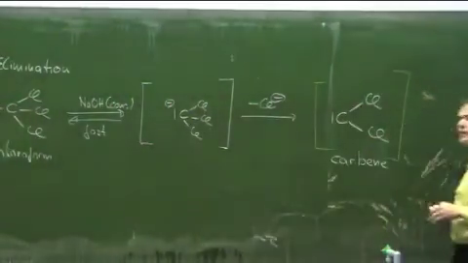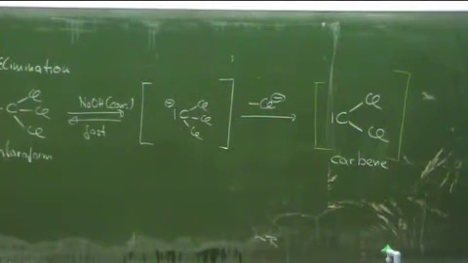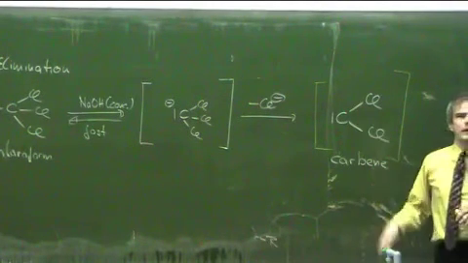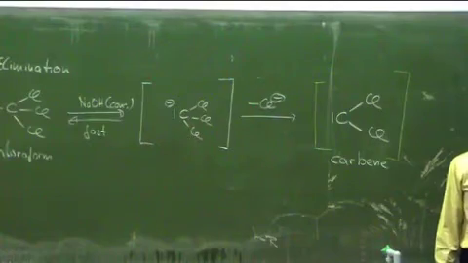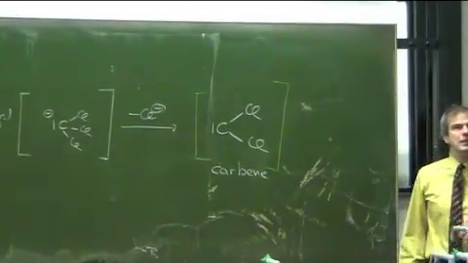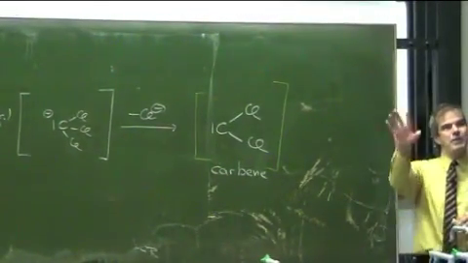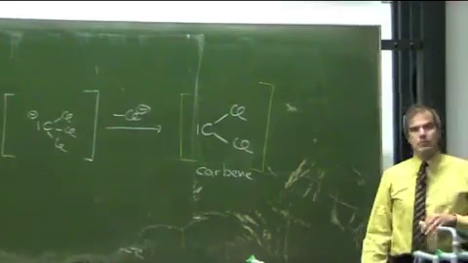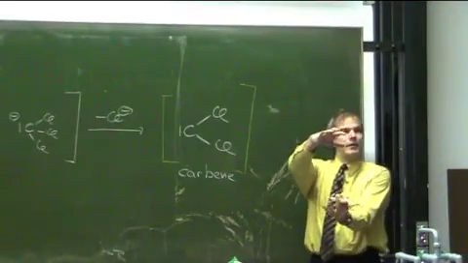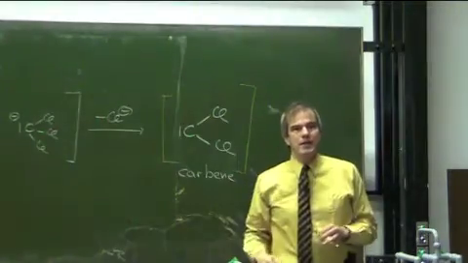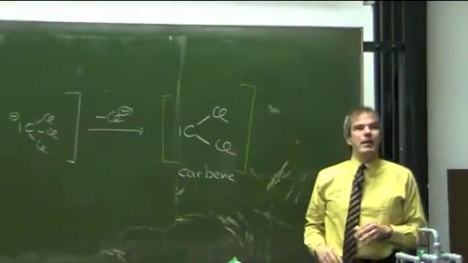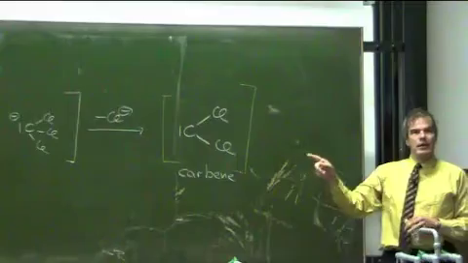And 150 years ago, it was discussed if such species could be stable or could be formed. There was a professor who came in the lecture and said, I solved the problem. And he brought a bottle which had a clear liquid in there. And he said, I made dichlorocarbene, and here it is.